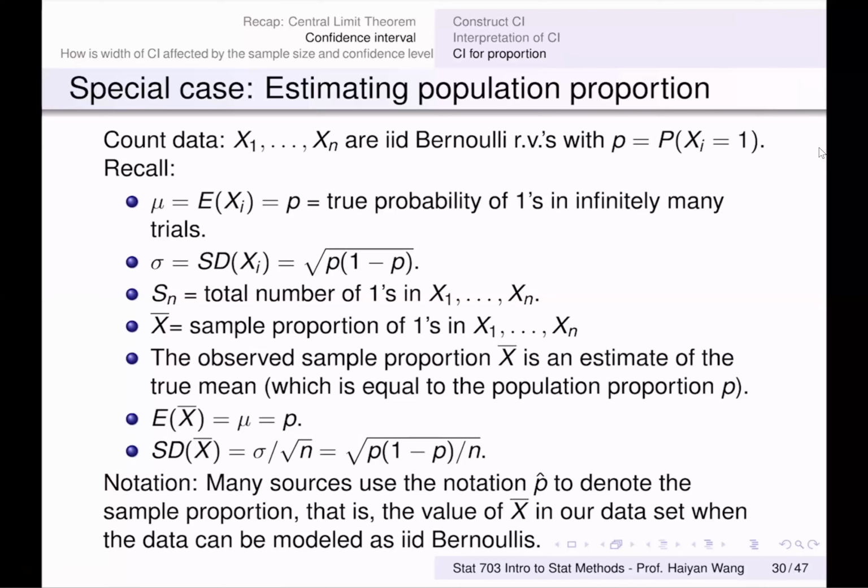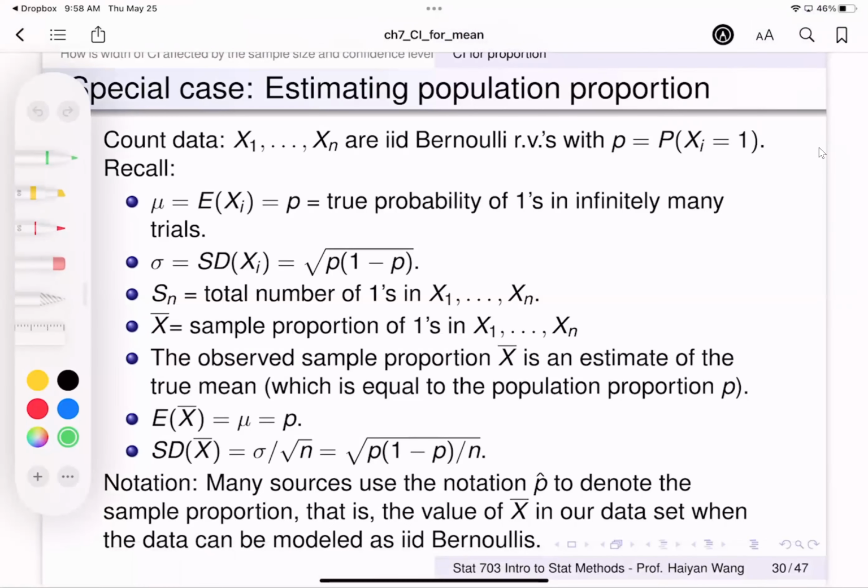And x bar is adding up all of the values of xi and dividing by n. So some of them are 1, some of them are 0, and after you divide by n, what you get is a proportion of the ones. That's the meaning of this x bar, the sample proportion, and the sum total.